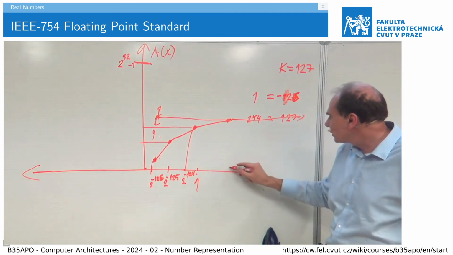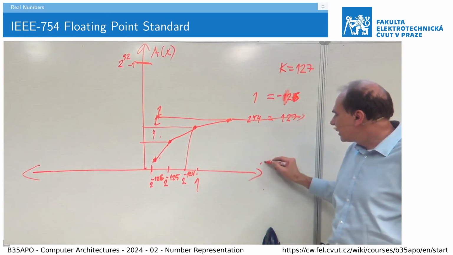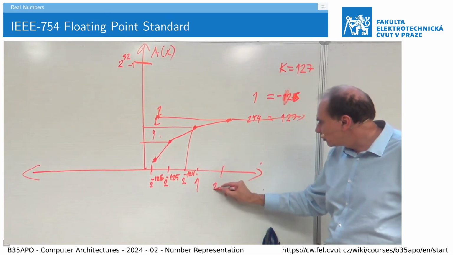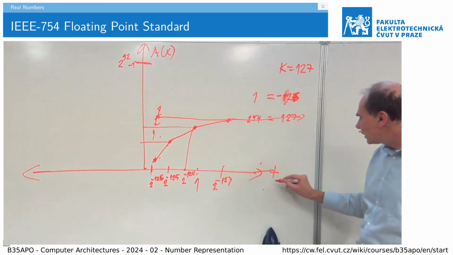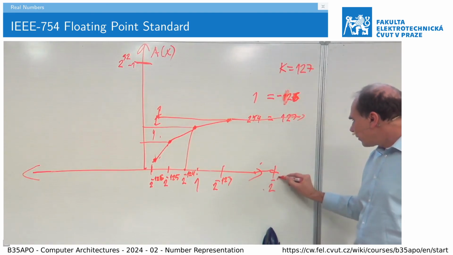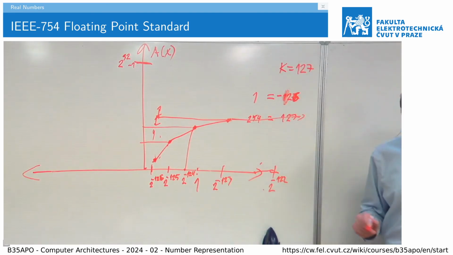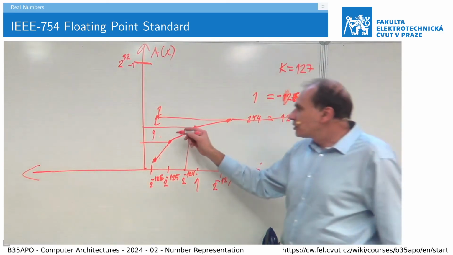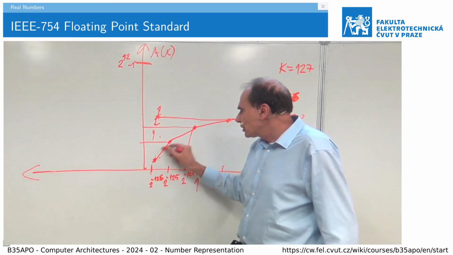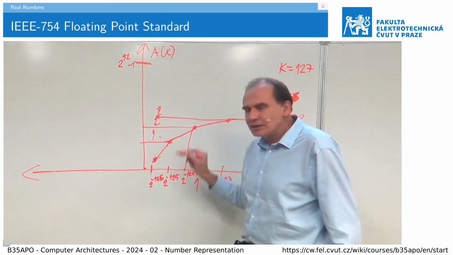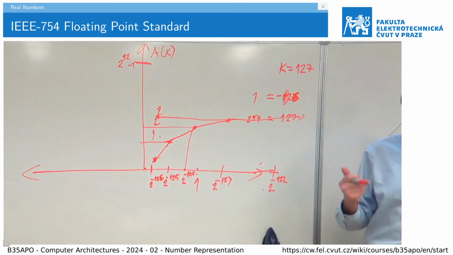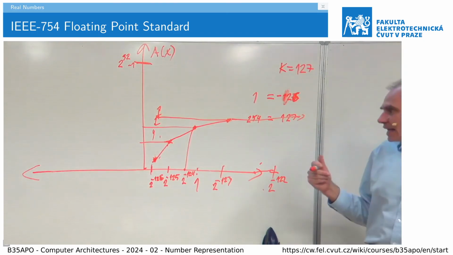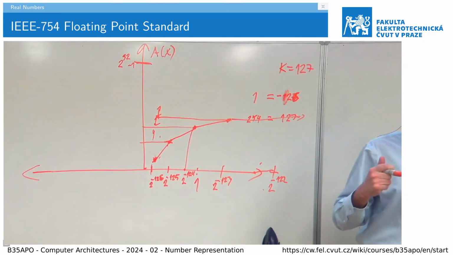It is logarithmic in fact, and we get to 2 power minus 123, and then something like 2 power minus 122. You see, it starts to use fewer and fewer of the codes. So the relative resolution, compared to the absolute value of the number, is kept, at the compromise that we lose the absolute precision.